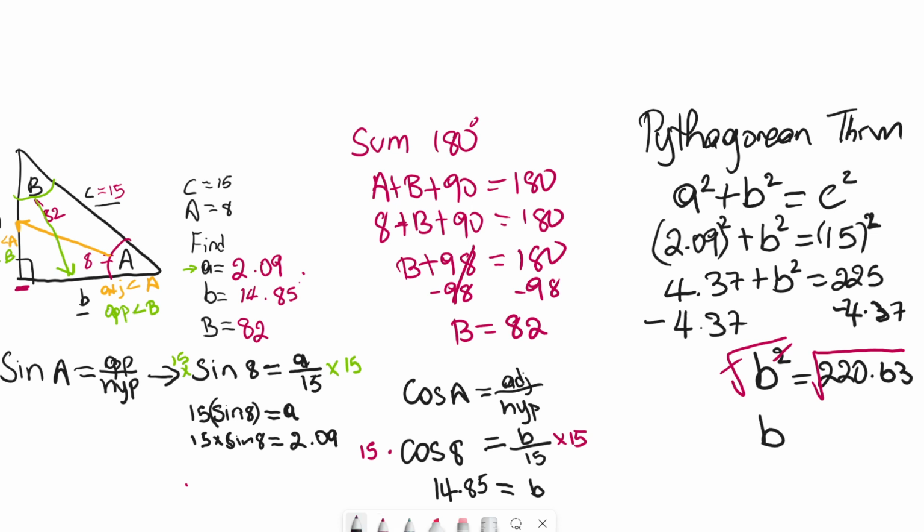So this means that B, and you can plug this in your calculator as well, is going to be 14.85, well, 14.853, but if we were to keep it to two decimal places, it would be 14.85. And this is what we got when we used our ratio. So whichever way you chose, you should have gotten the correct answer.